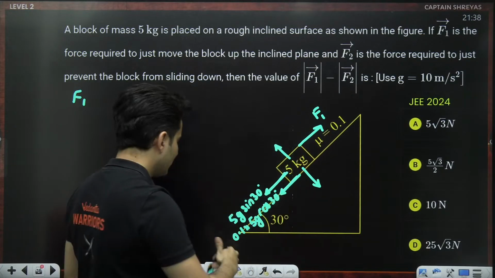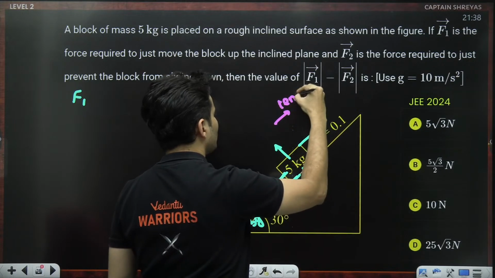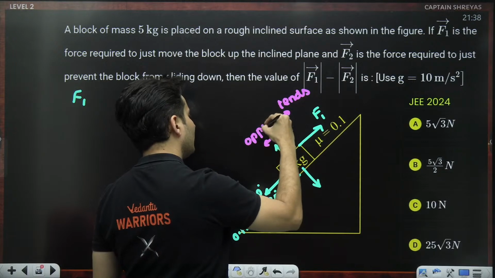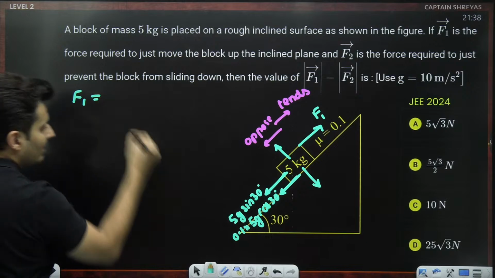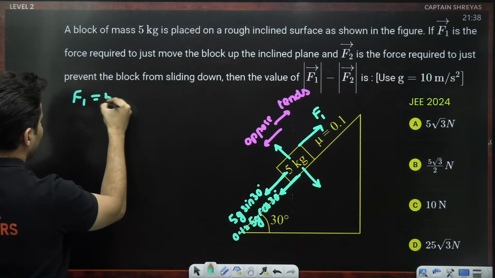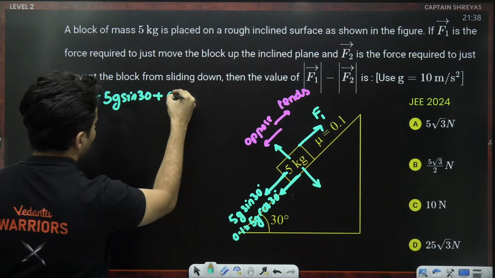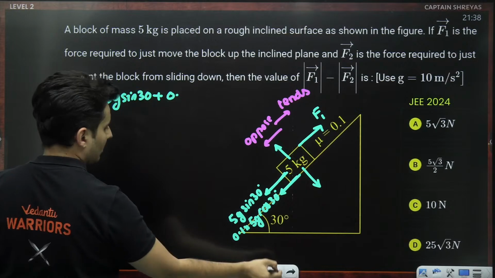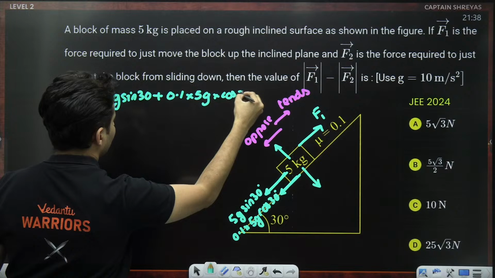The tendency is to slide upwards, so friction will oppose like this. So F1 will be balancing these two forces, which is 5g sine 30 plus 0.1 multiplied by 5g multiplied by cos 30.